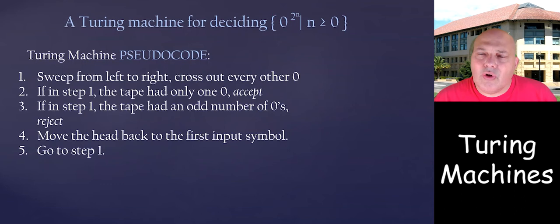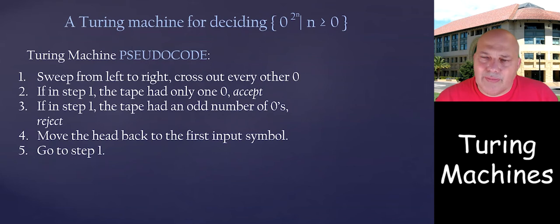If you have an odd number of zeros that is not 1, then you're going to reject, because it cannot be a power of 2. So you're crossing out every other zero. And if you already crossed out one zero, and then you encounter another zero, but nothing else after it, you're going to reject.